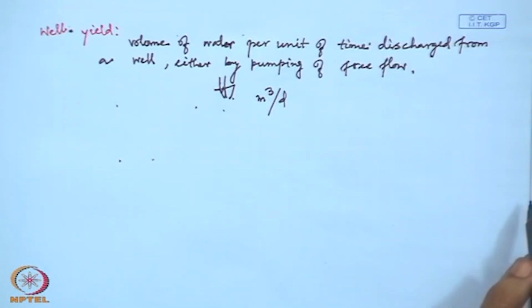When a water well is pumped, the quantity of water discharged initially is derived from the casing storage, and then immediately from aquifer storage around the well.